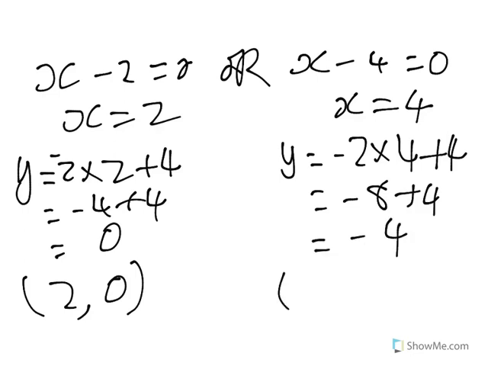So the other point of intersection is 4 and minus 4. So in this example, the straight line cuts through the parabola in two places.